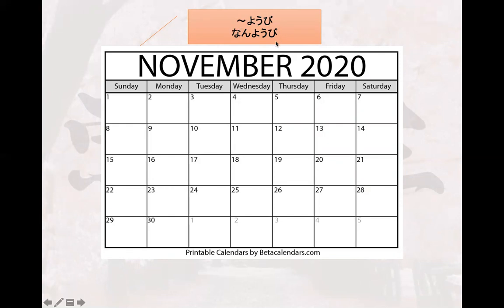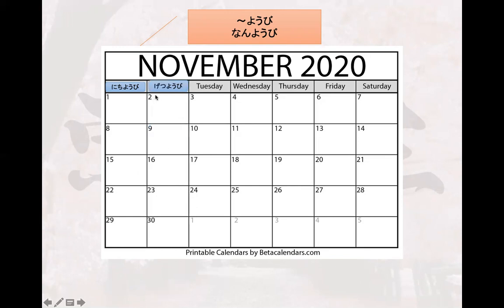So, pag tinanong ko kayo kung anong araw ngayon, so ang gagamitin natin ay nanyobi desu ka. So, based dun sa question, ang sagot nyo ay meron ding yobi. Okay? For example, how do you say Sunday in Japanese? Nichiyobi. So, andun pa rin yung presence ni yobi.